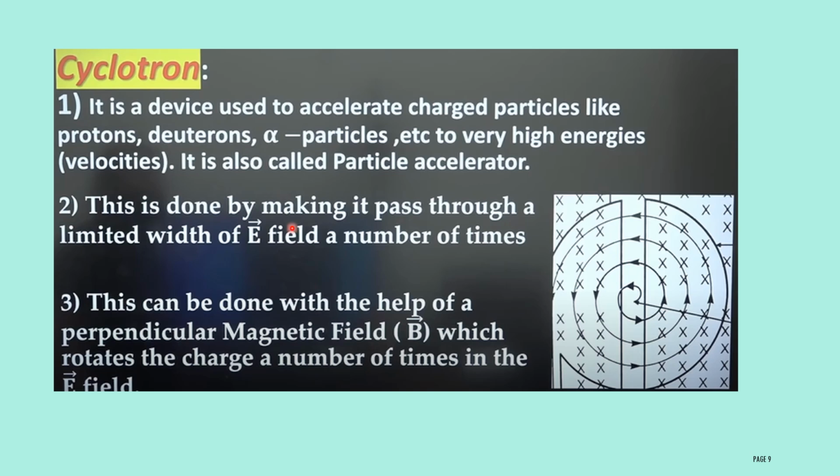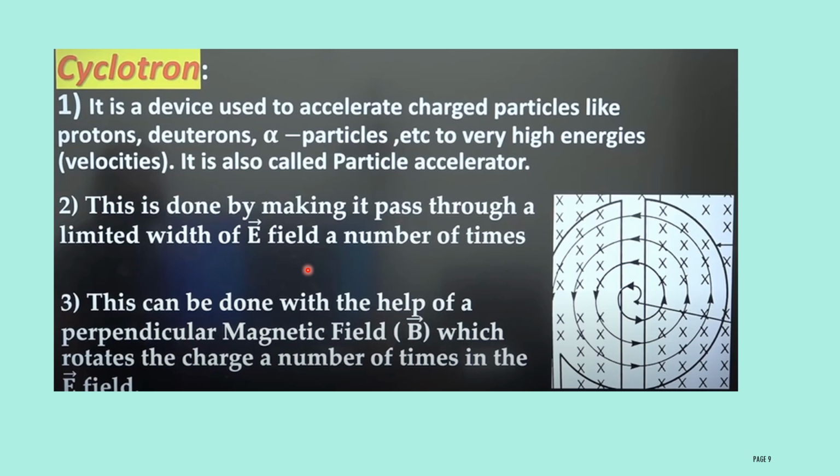This is done by making it pass through a limited width of electric field a number of times. Then, if you want to change the direction of a charged particle, you have to apply a magnetic field.